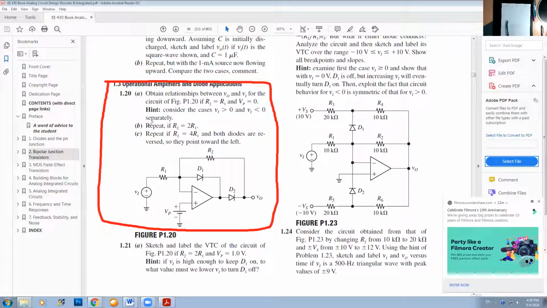Since parts B and C repeat, we're going to do only the first part, and you guys work it out. So we're going to do problem 1.20 on page, what page?